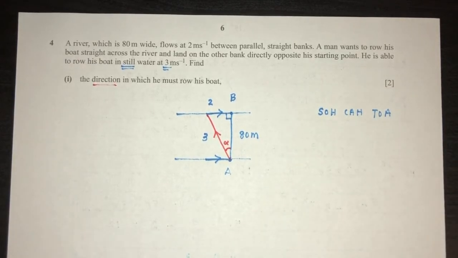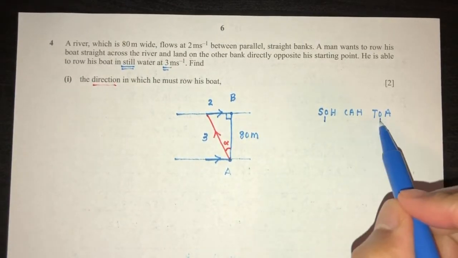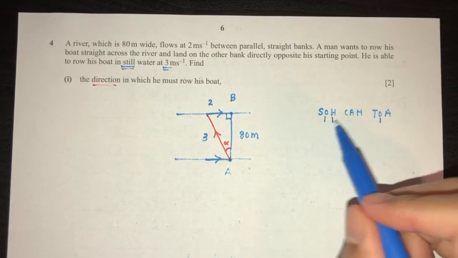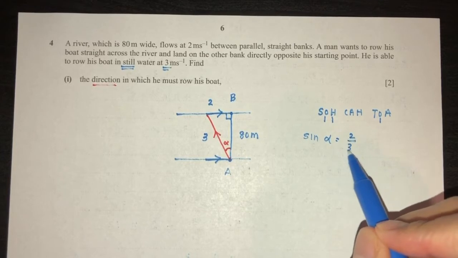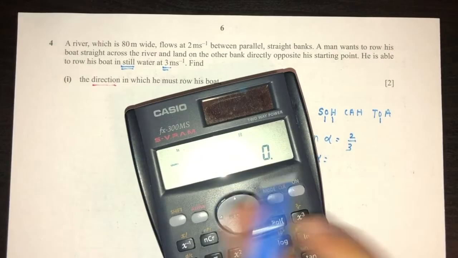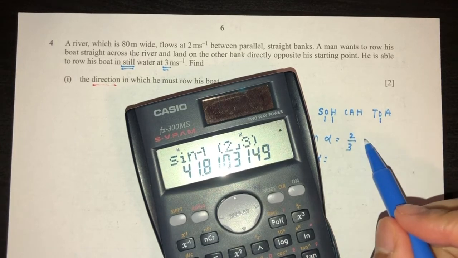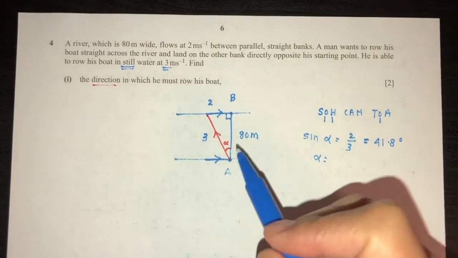This side is your O side, the opposite side, and this side is your H side, the hypotenuse. Sine of alpha is 2 over 3. Alpha will be sine inverse of 2 over 3. That will become 41.8 degrees. That is your value of alpha.